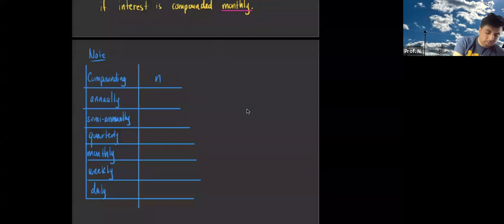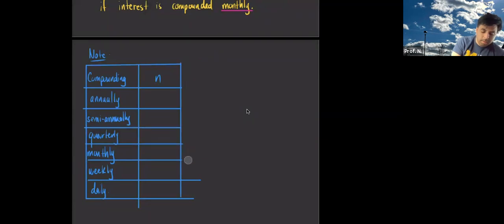So these words matter for the value of n. Okay, so n is 1, this is 2, this is 4, this is 12, this is 52, this is 365. So that's what the n value will be. So these words indicate the n value.